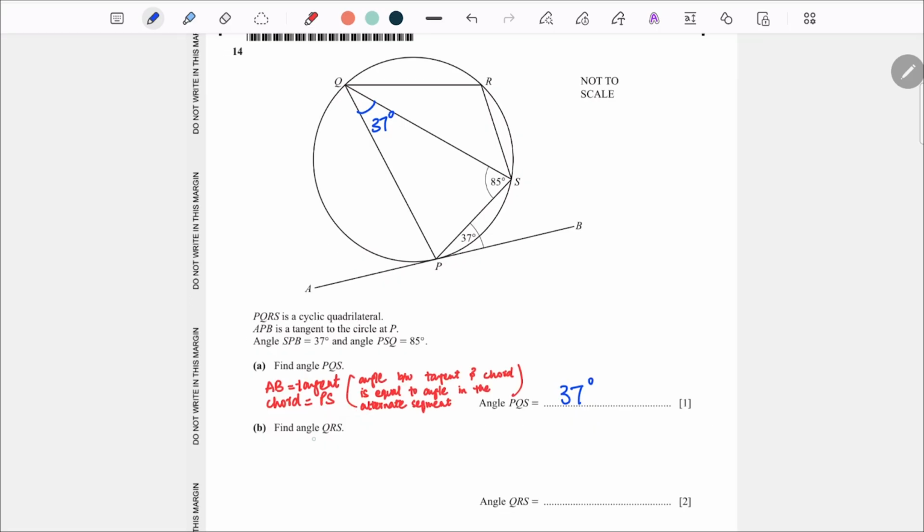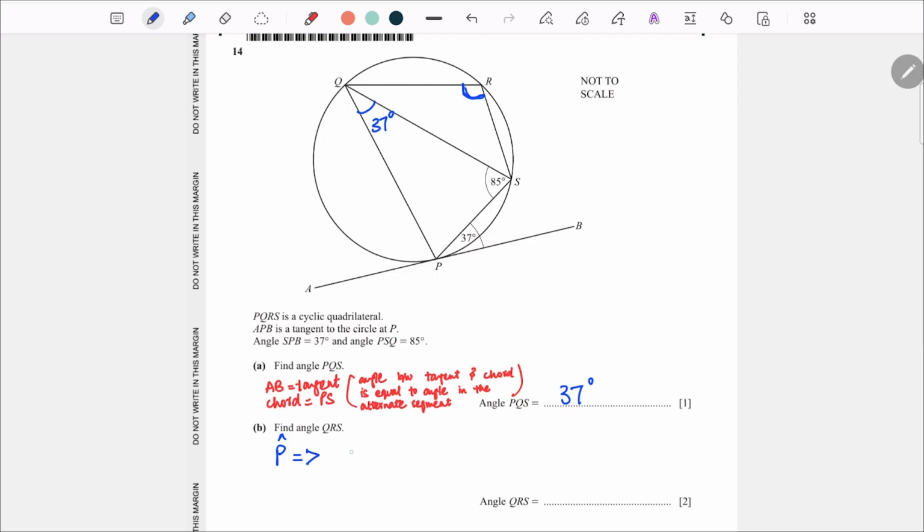In part B, find angle QRS. So we need to find QRS, that is this angle right here. PQRS, this whole figure is a quadrilateral. And first we'll find angle P. In order to find angle P, we'll take angle Q and angle S. Basically, the sum of all angles of a triangle is equal to 180 degrees.